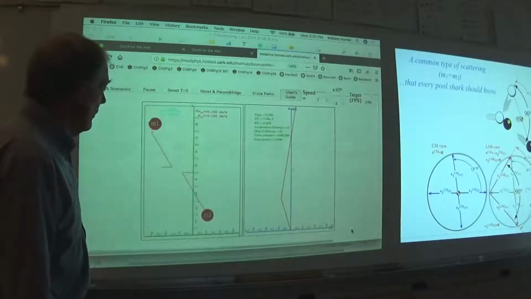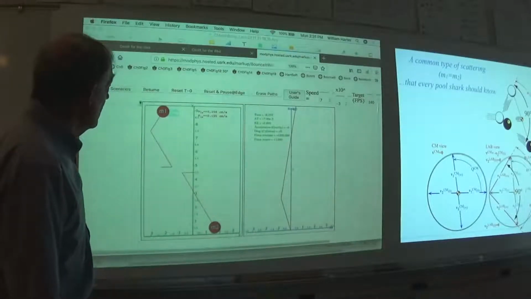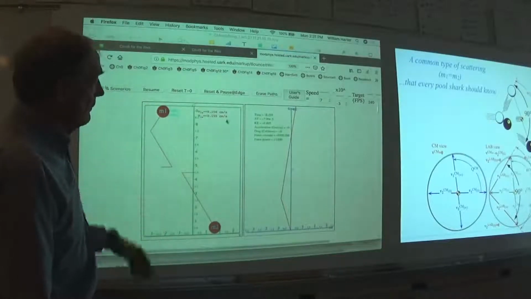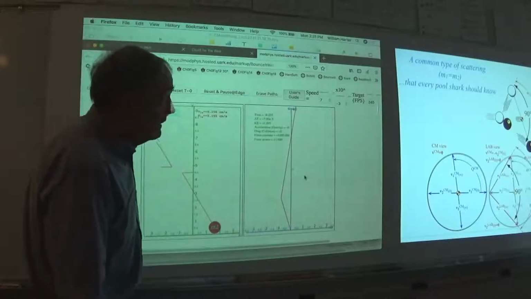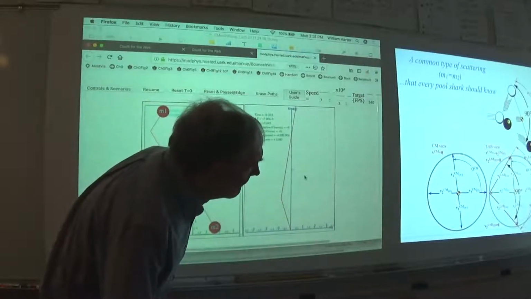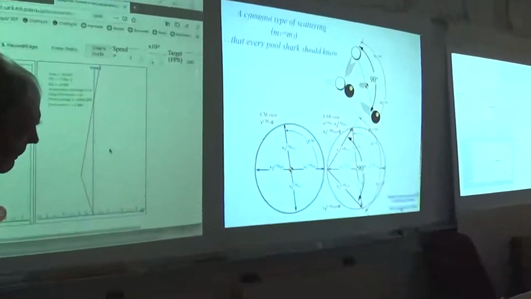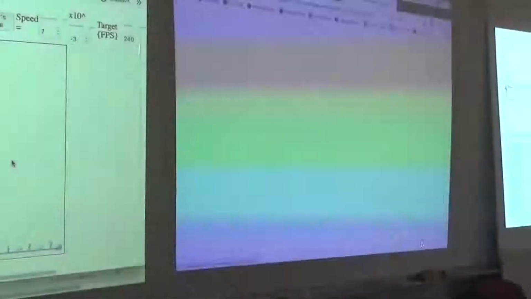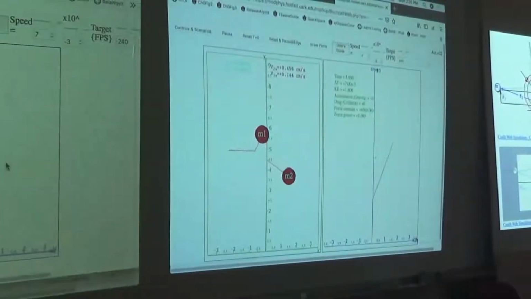Okay, so there's the view, and I've got it set so it stops when it hits the top. So that's the end of that. And then here is the hard collision between those two equal mass balls, and that's what we're talking about here.